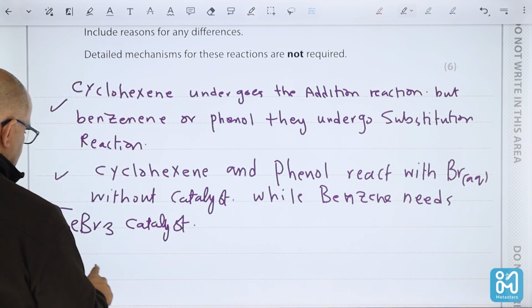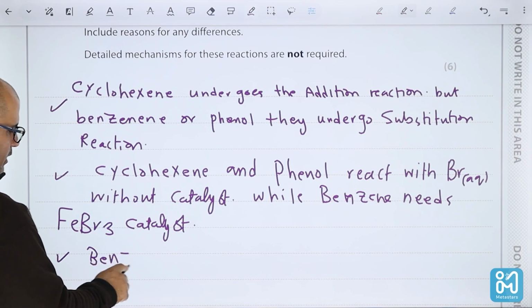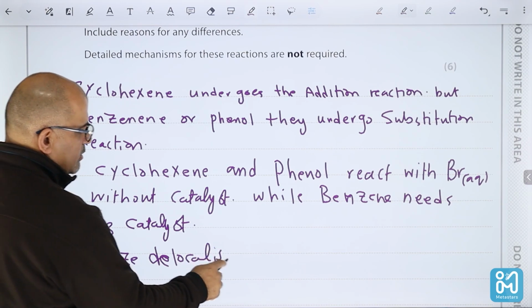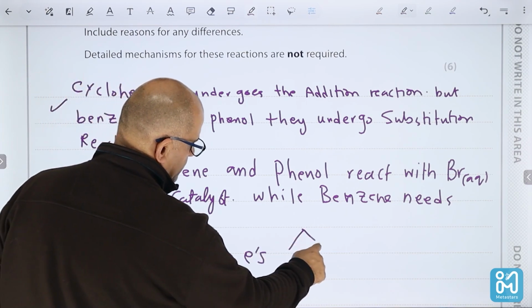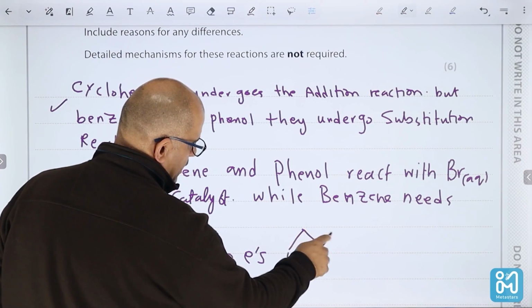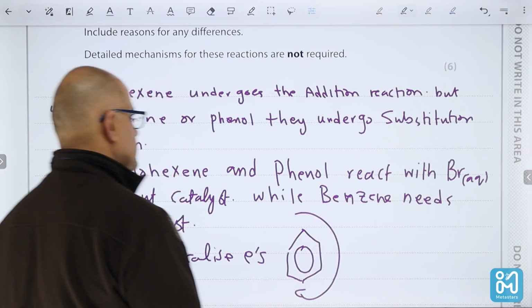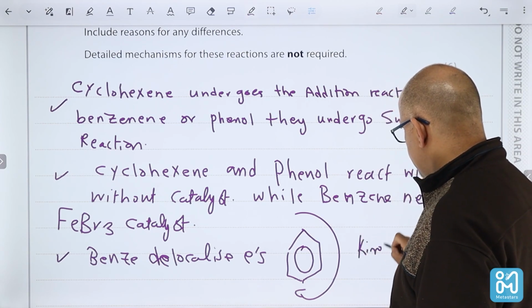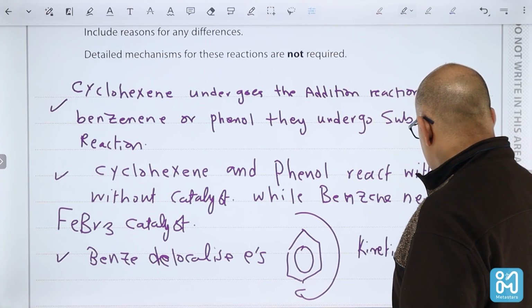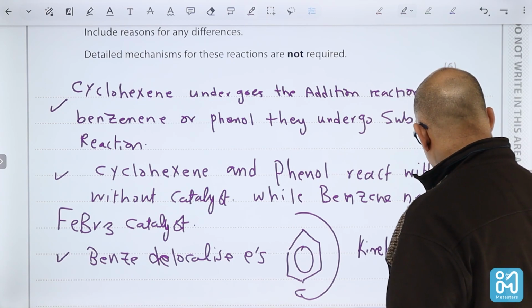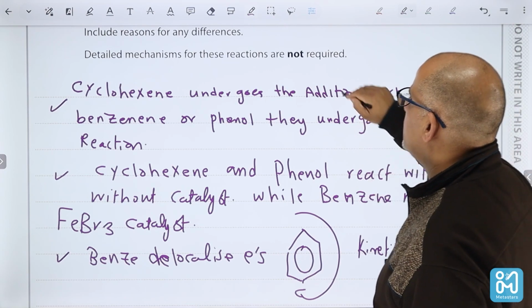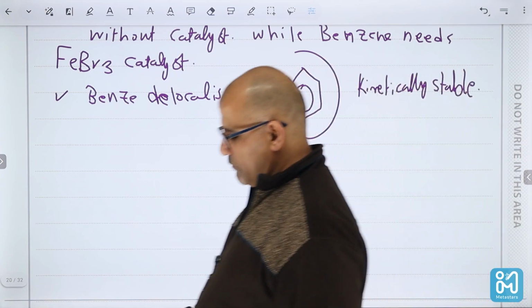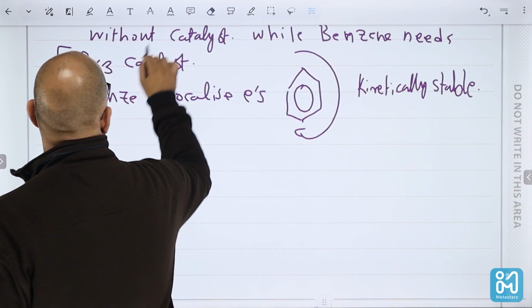So you can say that in benzene we have the delocalization of electrons, which makes them kinetically stable. Take care that you have to use the combined sentences there. That's why I wrote them.